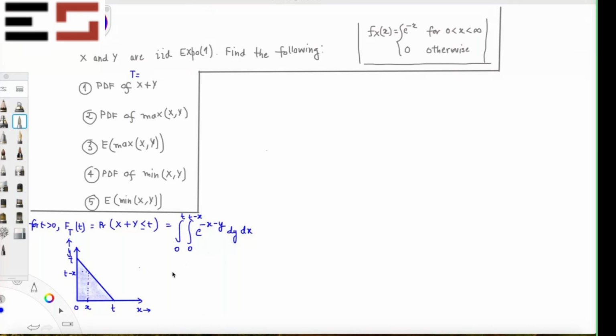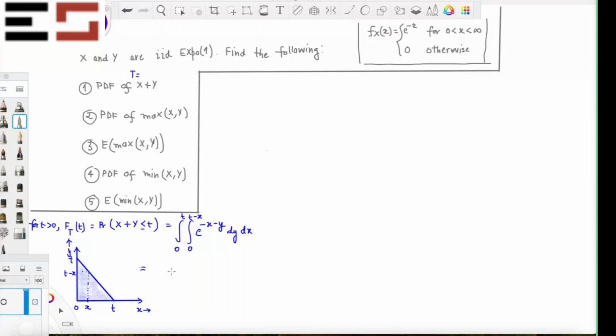Let's just do it. Please correct me in case there is any mistake. Let's do the inner integral with respect to y. What is the integral of e to the power minus y?